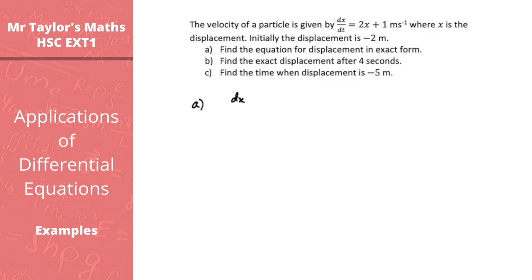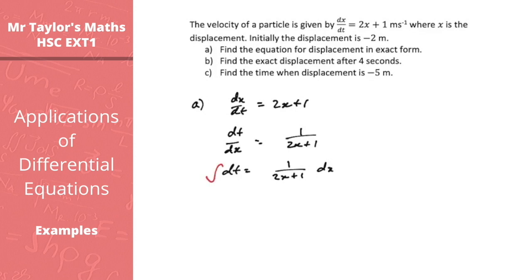So dx/dt is equal to 2x plus 1. Now if I find the inverse of that, then I have dt/dx, which is 1 over 2x plus 1. So now if I integrate both sides, the left hand side in terms of t, the right hand side in terms of x, it should be okay.